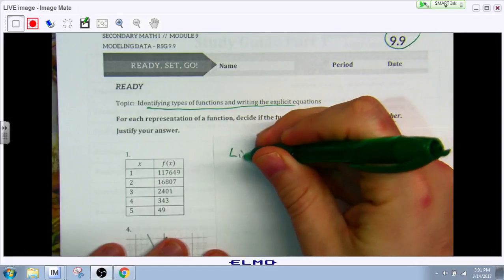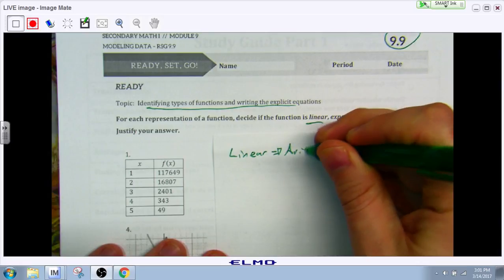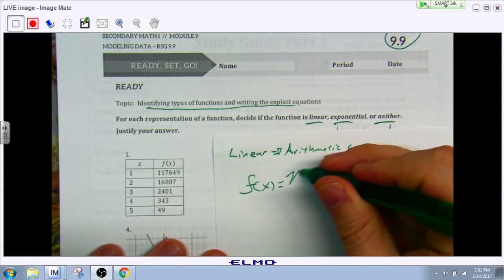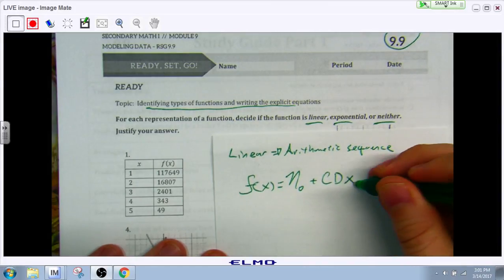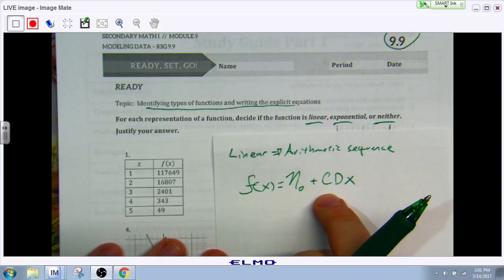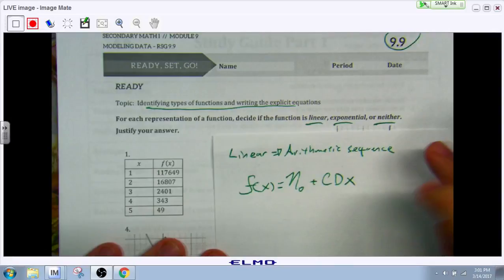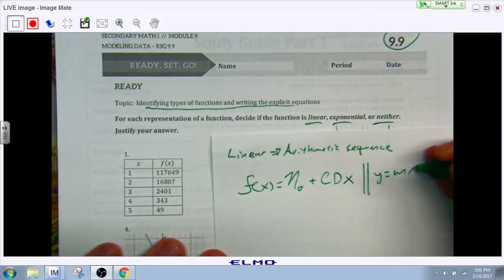And so I'll do a quick little recap on what linear functions are. Linear functions are also known as arithmetic sequences. They behave very similarly, and what we end up having is some f of x equal to our 0th term plus our common difference times our x, and our common difference is whatever number goes from step 1 to step 2 to step 3, etc. This is very, very similar to y equals mx plus b.